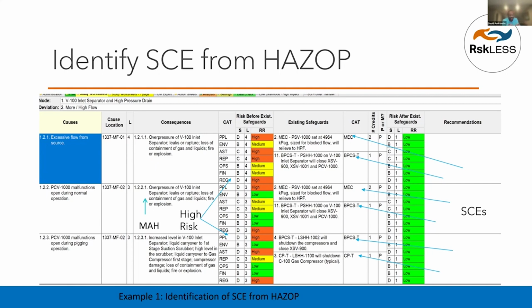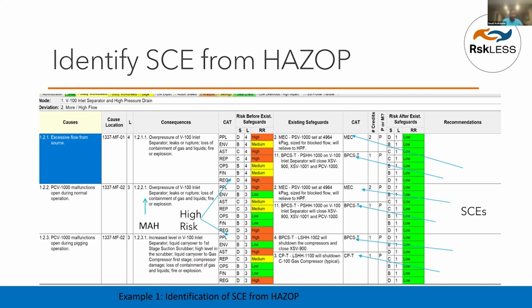Sometimes you can see prescriptive ones, but if you don't dig deeper, without having an SCE standard, the safety critical equipment standard, you would not remember that your V100, the inlet separator, which is the pressure vessel, is an SCE. The only thing that saves a lot of people is that it's under code and regulation. And standard code and regulation is element 2 of CSA Z767-17. That's why it's also a must-read if you want to understand process safety.